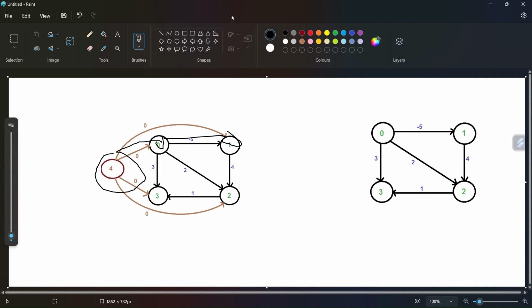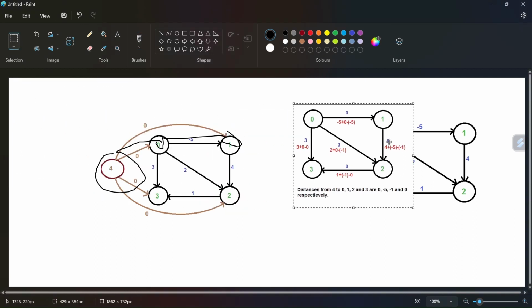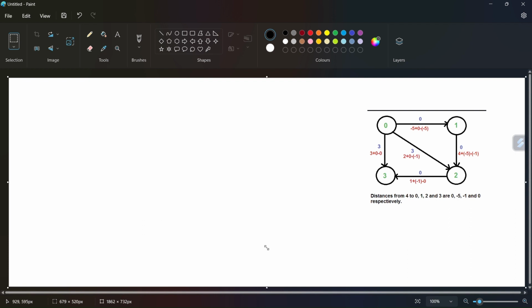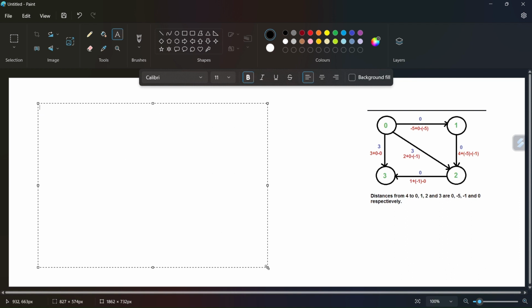The potential values calculated from vertex 4 to vertices 0, 1, 2, and 3 are 0, -5, -1, and 0 respectively.